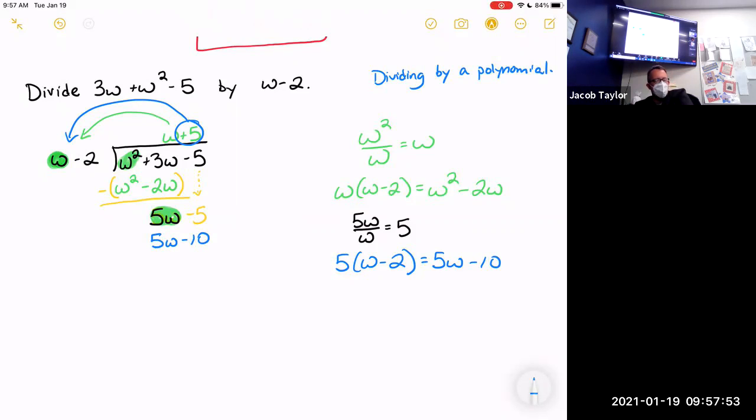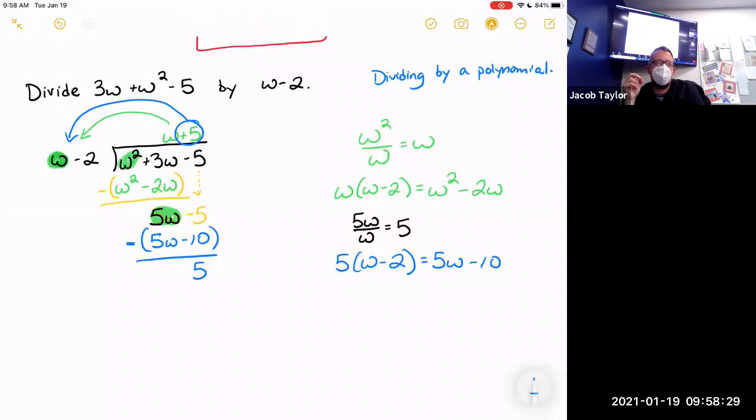It will be negative 5w minus negative 10 after I subtract them. Remember we subtract them? 0, and then negative 5 minus negative 10 is 5, yeah. Now 5 is the remainder.